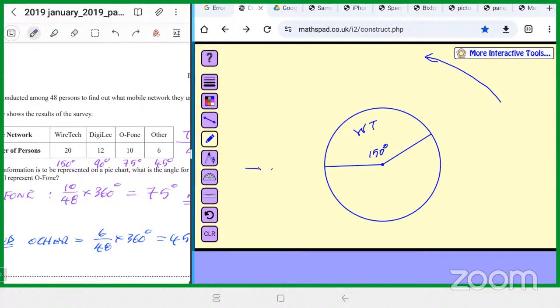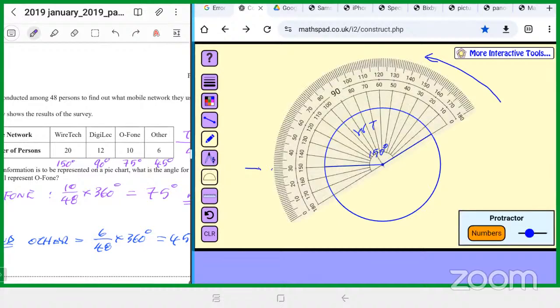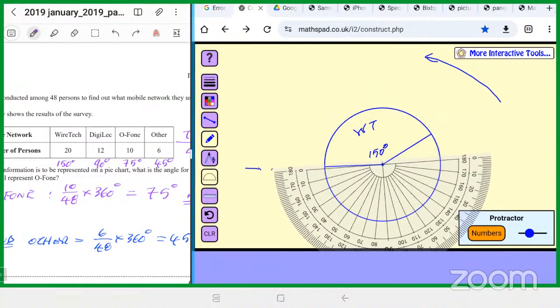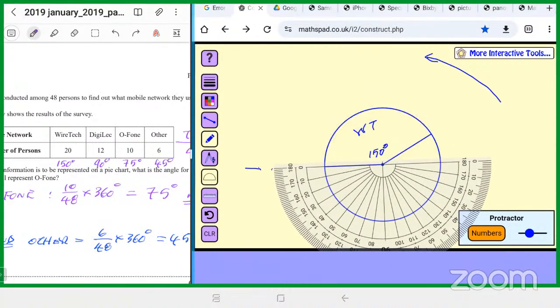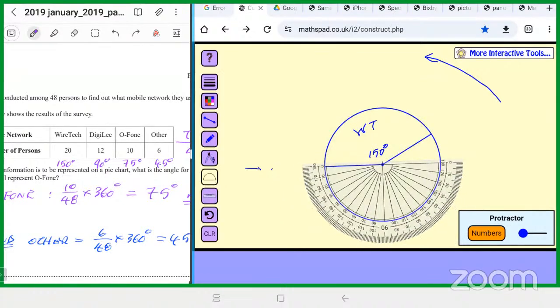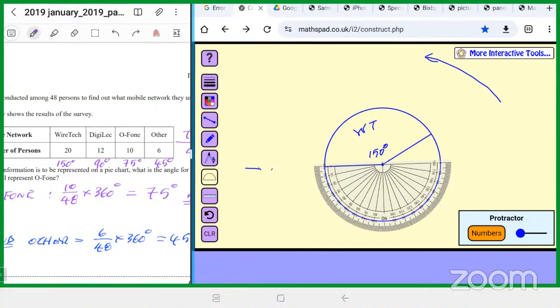Then from that second line that I just drew, I want now 90 degrees. So I draw for that again. I rotate it around to the baseline, put the line that I'm measuring from on the baseline, and I want 90 degrees. All right.